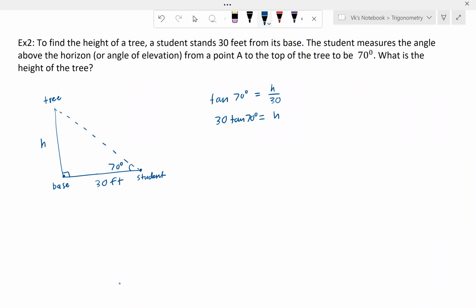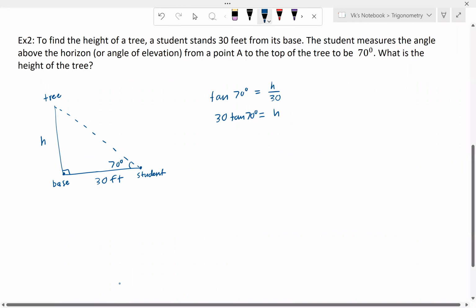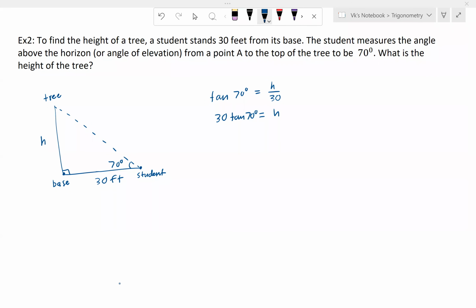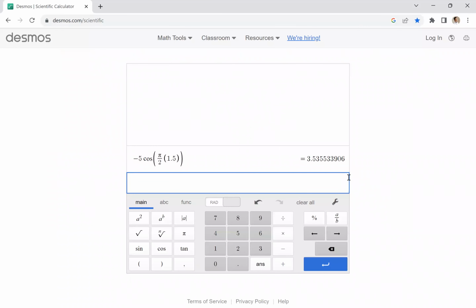For tangent of 70 degrees, it is best to use technology. There's a scientific calculator, so let's use it. Here comes 30, tangent of 70. Okay, so they give us this number here.